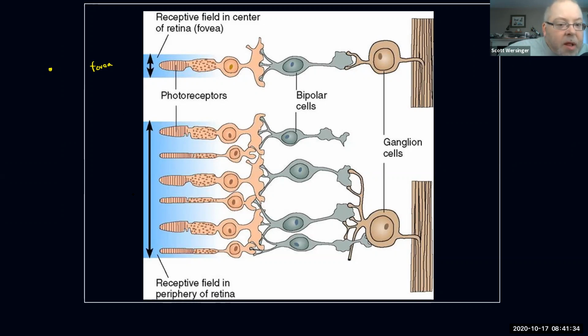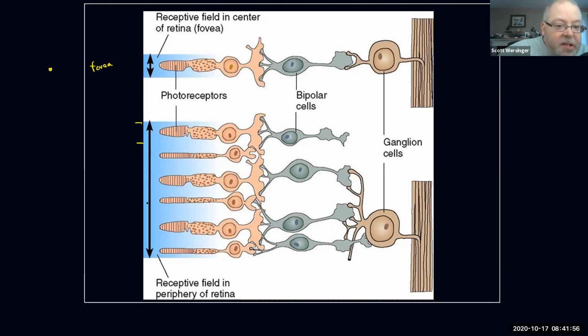In the periphery of the retina, it's a little bit different. Here you can see we've got 6 photoreceptors linked up to a few bipolar cells, linked up to one ganglion cell. Okay, so if we look at the receptive field of this photoreceptor, it's not any bigger. It's the same size as it is for an individual one.